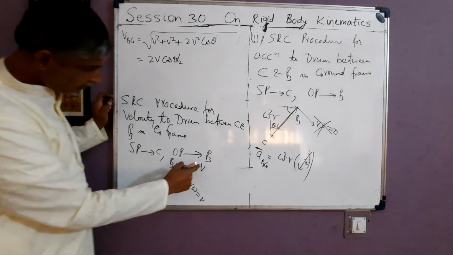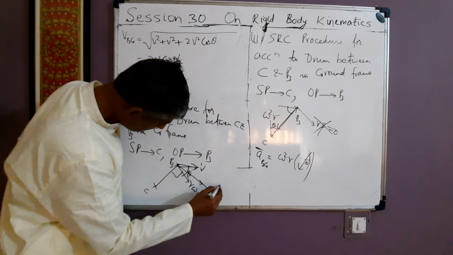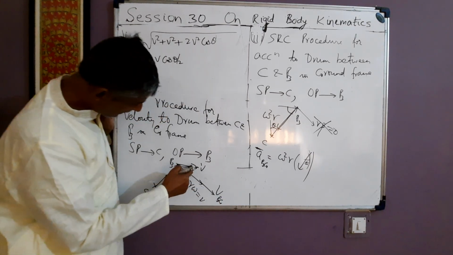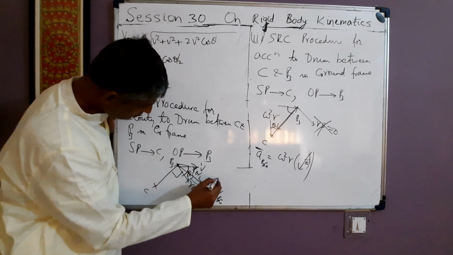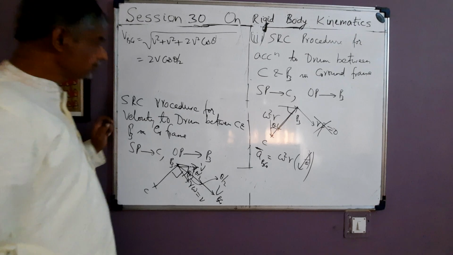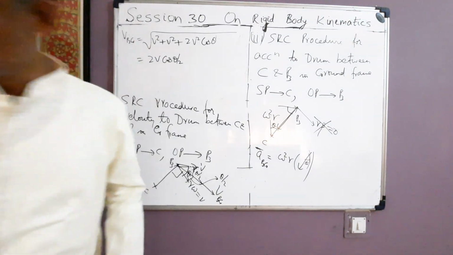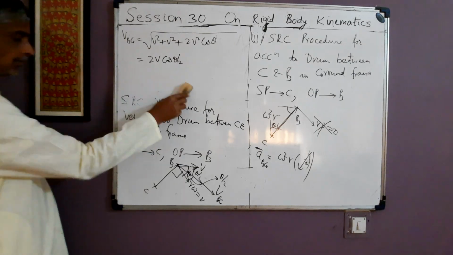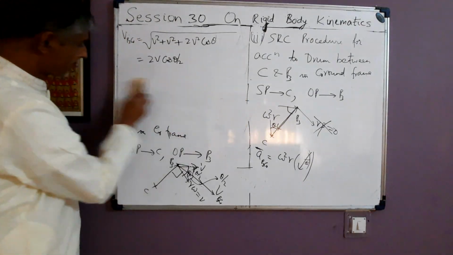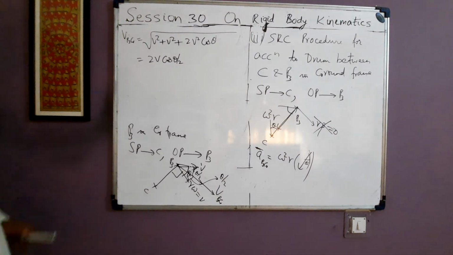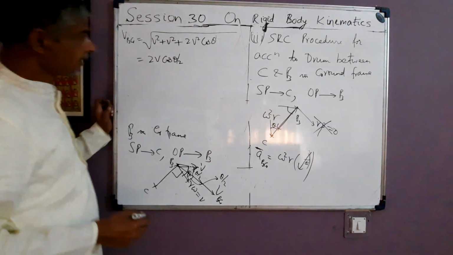And for direction, since these two are equal, Vp3g is the resultant of these. By the theory of vectors, Vp3g bisects the angle theta between these two vectors. So this angle is theta by 2, and this also becomes theta by 2. And the value of Vp3g is 2V cos theta by 2.